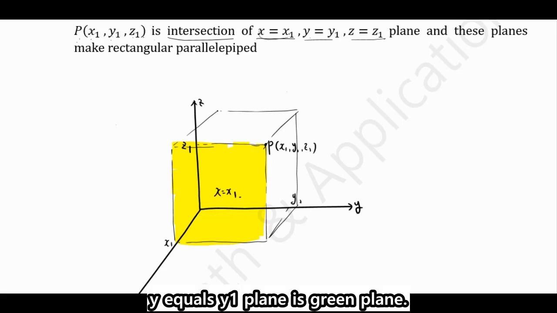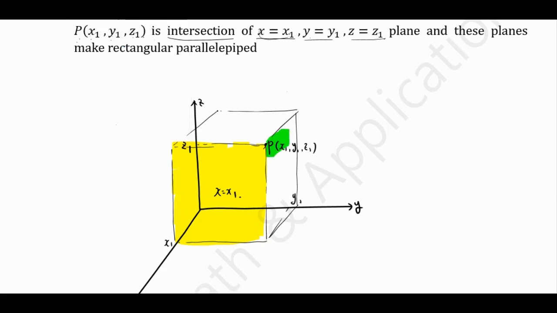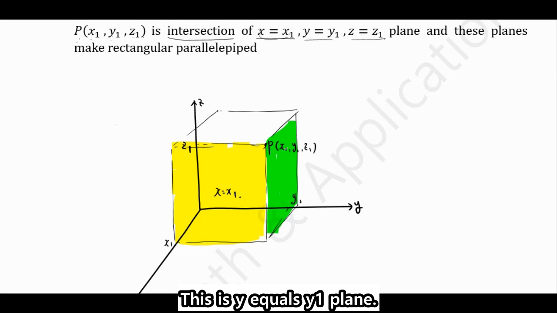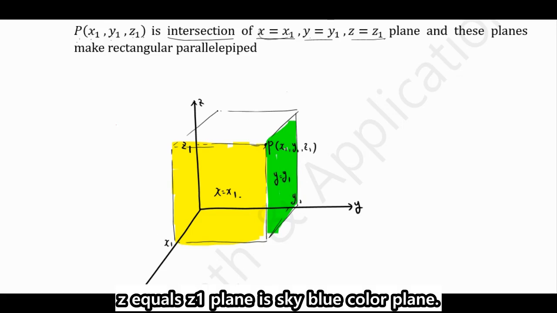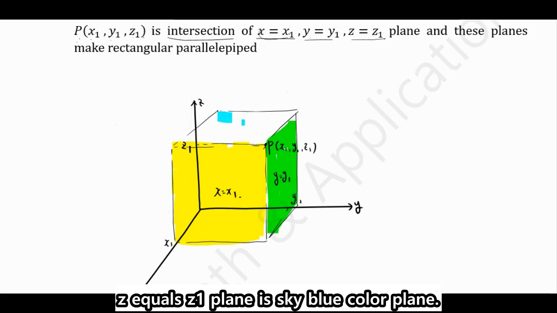The y equals y1 plane is the green plane. This is the y equals y1 plane. The z equals z1 plane is the sky blue plane.